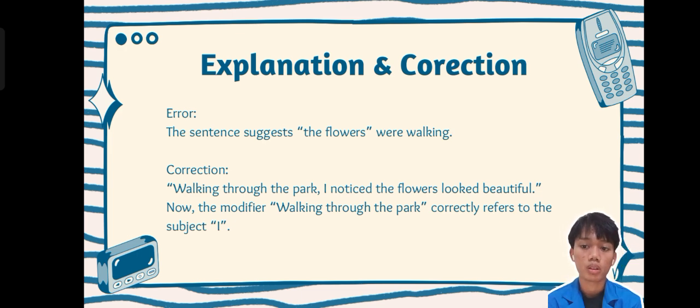Now the subject I performs the action of walking, and the sentence makes logical sense. Dangling modifiers are common errors in student writing, so it's important to check that every modifier has a clear subject.